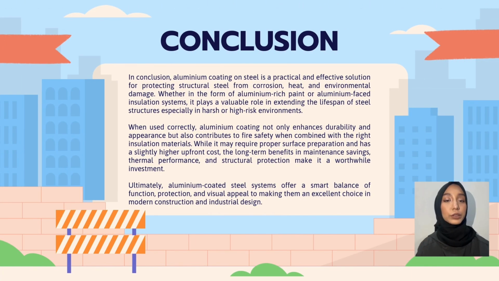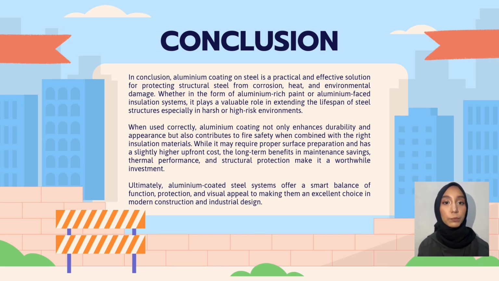Overall, aluminium coating on steel is a smart and practical method to protect structural steel from corrosion, heat, and environmental damage. It helps extend the lifespan of steel structures, especially in challenging or high-risk environments like coastal or industrial areas.